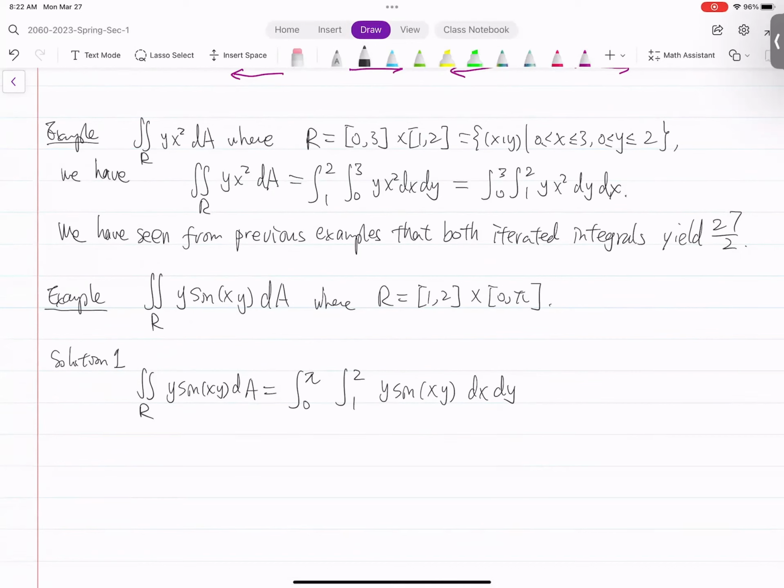So basically, if you're looking at this, this function is actually a function in terms of y. If it's in terms of x, it's actually relatively simple, on the inside, because y is going to be treated as a constant, so you just have a multiple, sine times something of x.